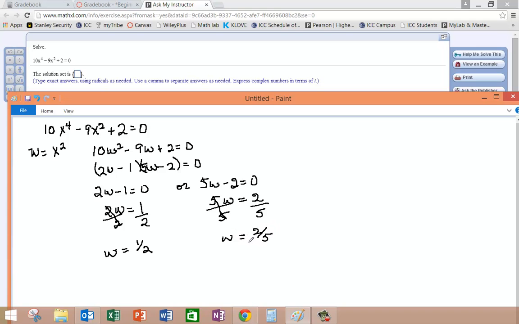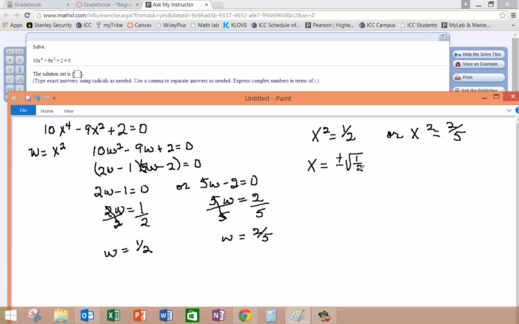Right. But we weren't looking for w, we're looking for x. So we'll go back and sub in our x squared for w. So we will have x squared equal 1/2 from the equation on the left, or x squared equal 2/5 from the equation on the right. Using our square root property, that tells me that x is plus or minus square root of 1/2.